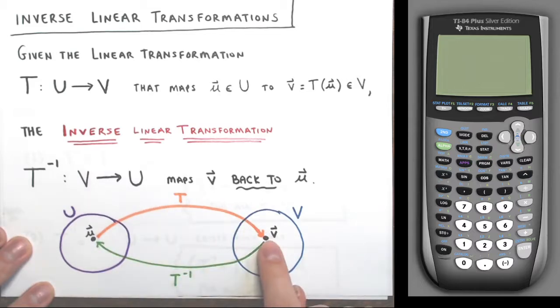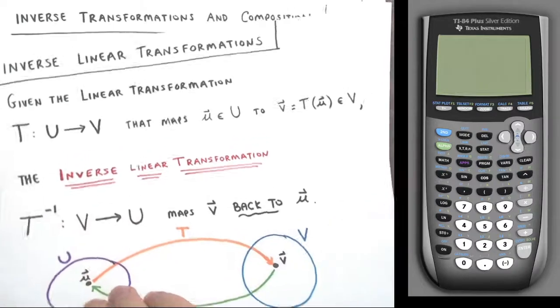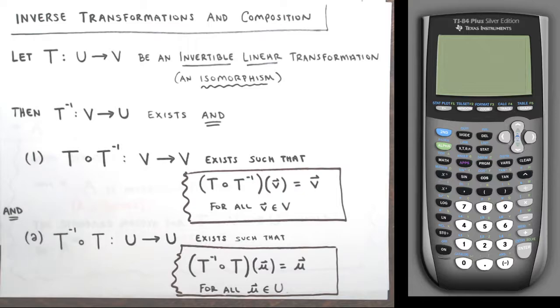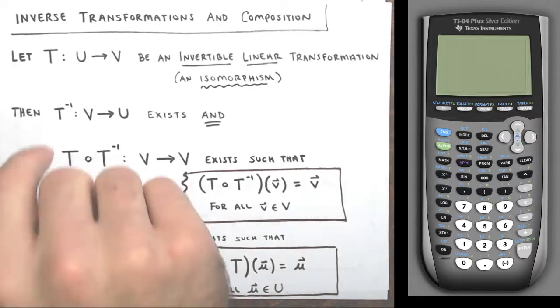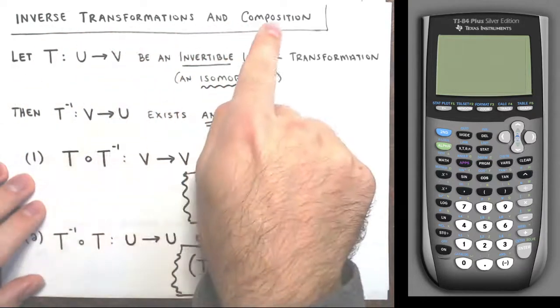Every vector in V under that composition would map to itself. So you'd get the identity transformation over set V there. So that's what I'm pointing out on this page. All right. So, inverse transformations and composition.